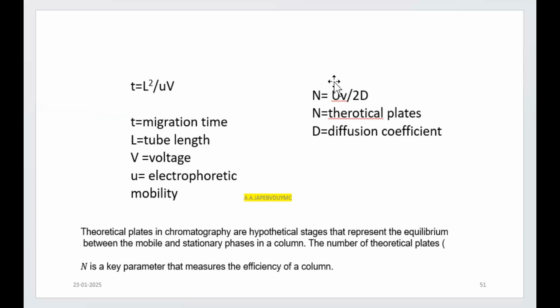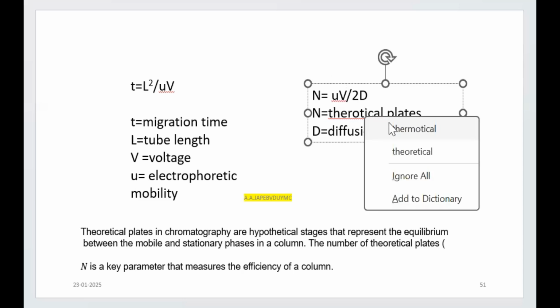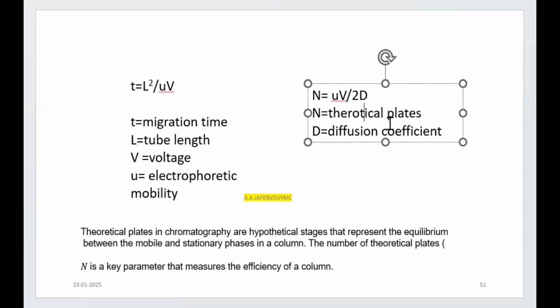Again here, mu is the electrophoretic mobility, so it is small mu, and V is the voltage applied. So the second equation is N equal to mu V upon 2D. What is that? N is theoretical plates, right? Theoretical plates, and D is the diffusion coefficient.